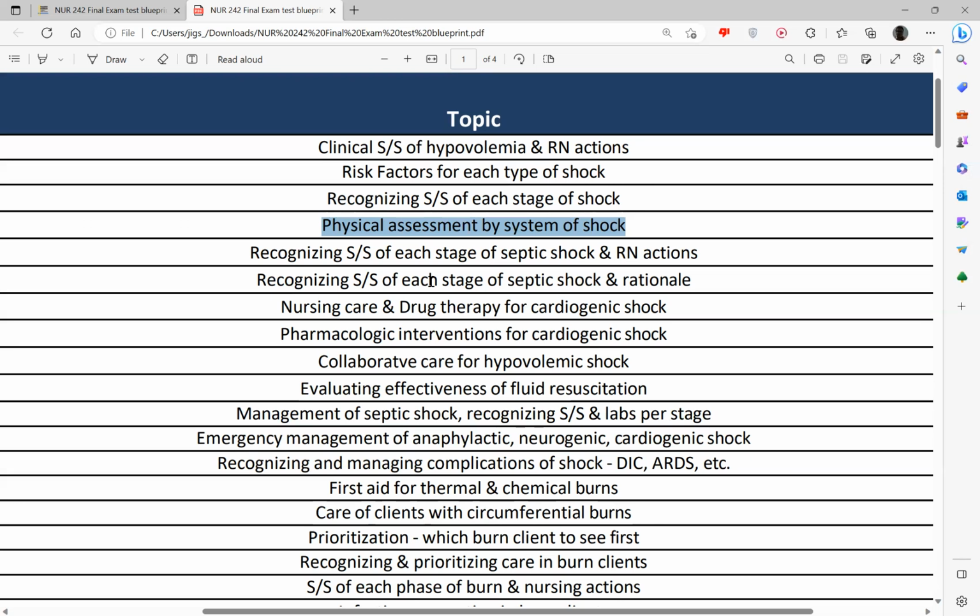GI, what will you find in your GI assessment? Okay, so little to no bowel sounds. So what will be manifestations of that? So how will you know there's little to no peristalsis?